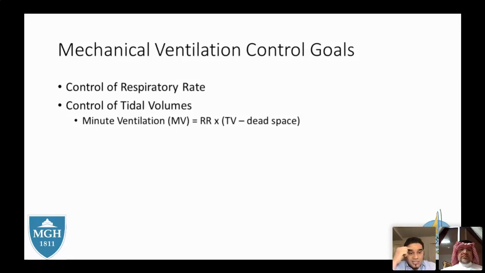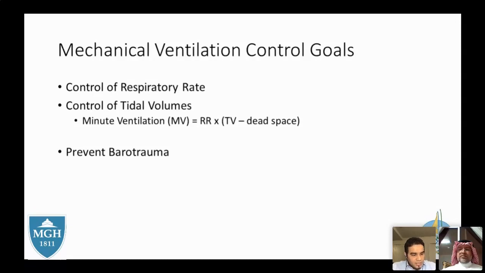First of all is the respiratory rate. Second is the tidal volume. The product of the respiratory rate and the tidal volume minus the dead space will give you the minute ventilation, which is exactly the ventilation that the patient is receiving.